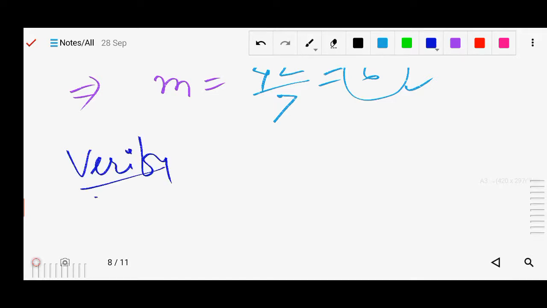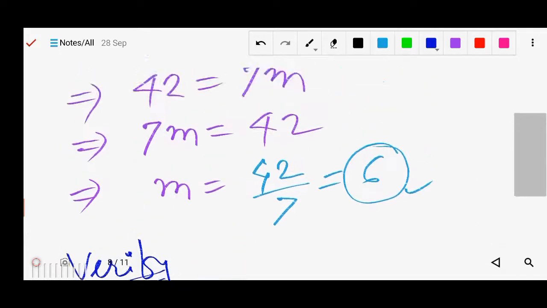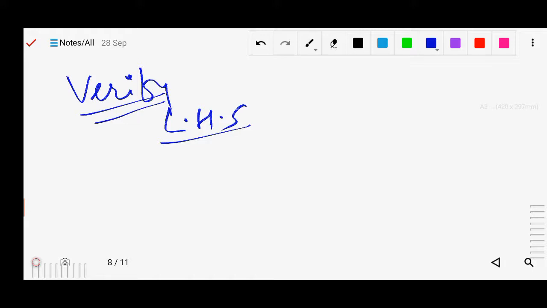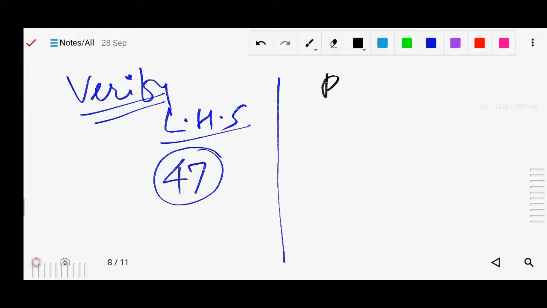So first of all the left hand side, LHS, you can see 47 only, so write only 47. Now in the right hand side you can check what is the value. The right hand side is given 7m plus 5. Now put the value of m.